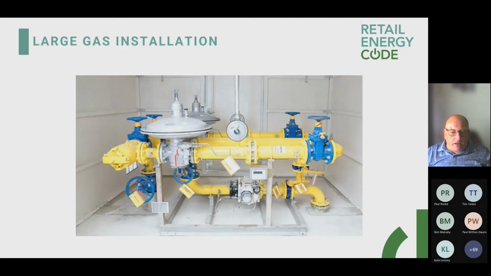In reality, some of these meters are absolutely enormous, and I'll give you an example. So this is what we would class as a small rig. The metering component to it isn't that big, but the ancillary pipework and the volume of gas going through it and how it records is huge.